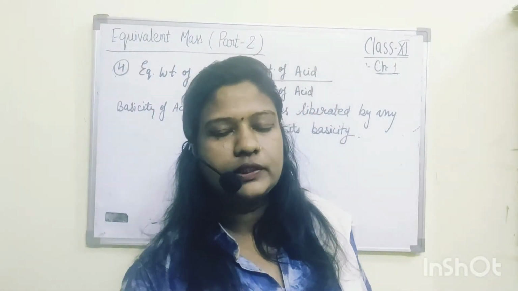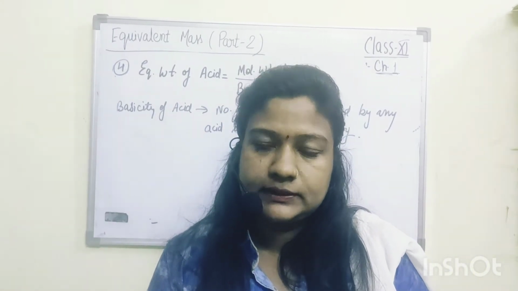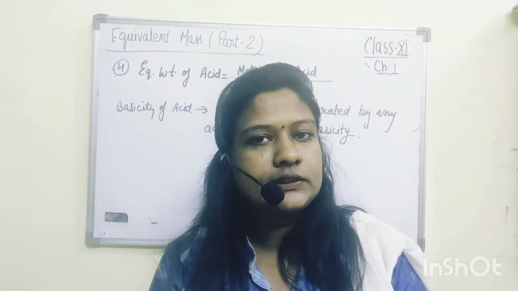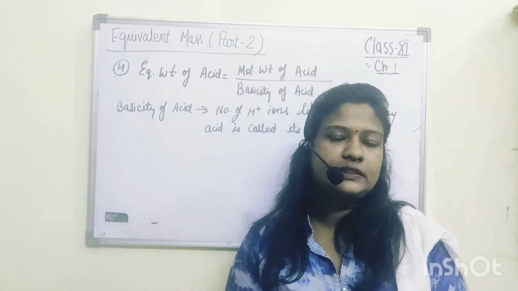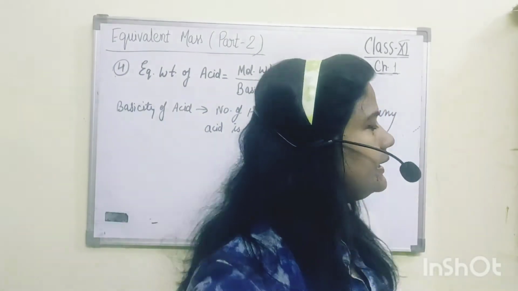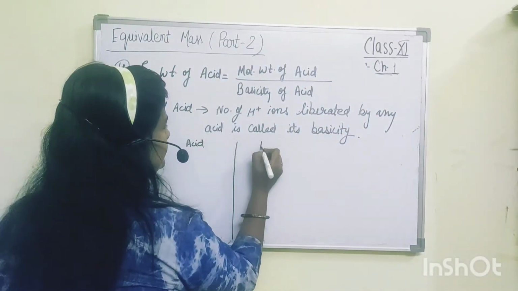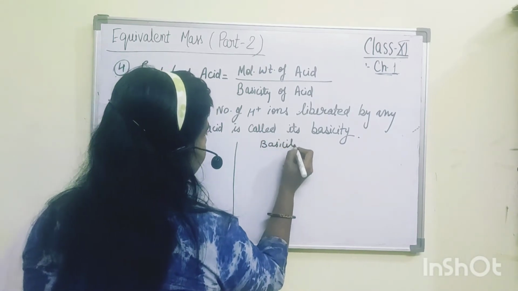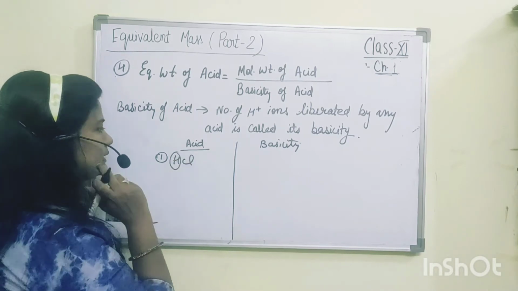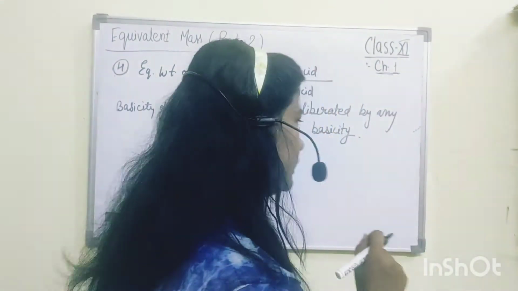One more thing I want to clarify: we always look at the basicity of an acid and the acidity of any base. Basicity of an acid is the number of H plus ions liberated by it. For example, HCl releases 1 H plus ion, so its basicity is 1.